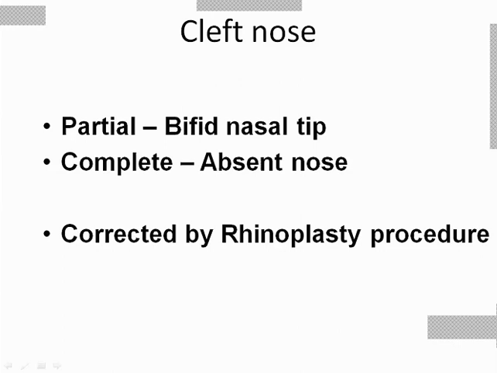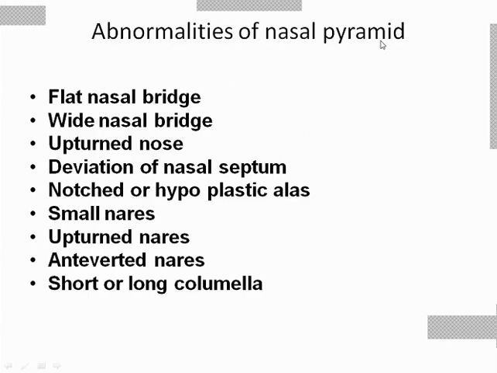Any abnormalities of the nasal pyramid can occur developmentally. It can be a nasal flattening along with cleft lip and palate, or cleft lip, or wide nasal bridge, upturned nose, or deviation of the nasal septum. 99% of individuals will have a deviated nasal septum, or notched or hypoplastic alae, or small nares, very compressed nasal nares, or upturned nares.